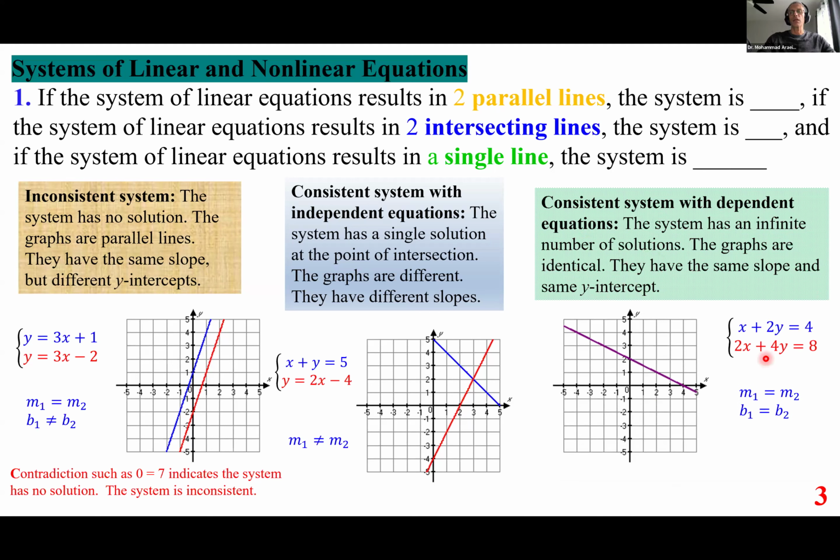In other words, if you solve for y, they become identical. m1 equals m2, b1 equals b2. And if you were to solve it by addition method or substitution, you get an identity, for example, 0 equals 0, 5 equals 5, and so forth, which indicates the system has an infinite number of solutions. The equations are dependent. So this is the synopsis of systems.